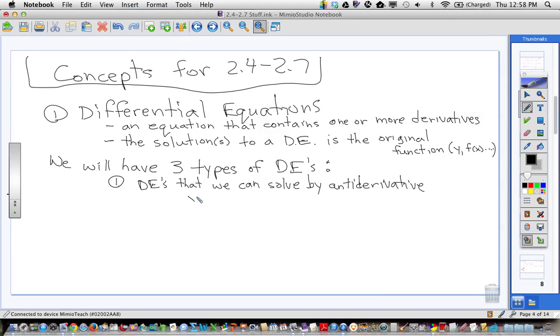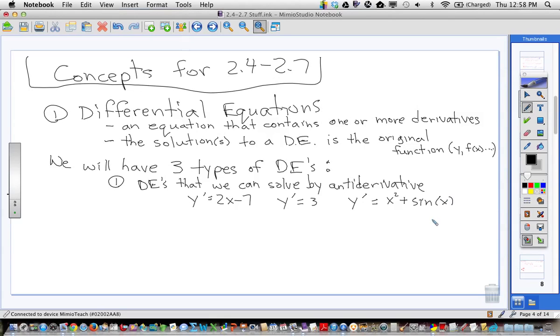Let me write down a few. Y prime equals 2x minus 7. Y prime equals 3. Y prime equals x squared plus sine x. What do you notice about every one of those?